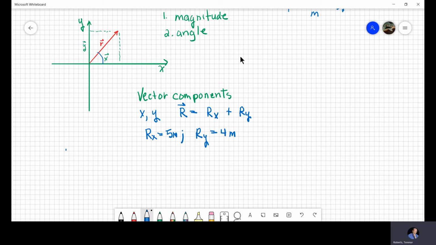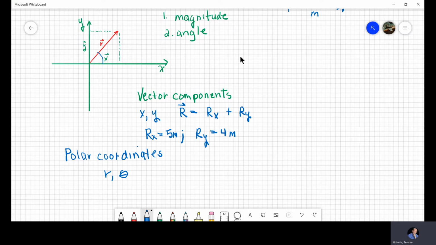So what are the polar coordinates? Now, some of you had this in math. Polar coordinates is where you're given an r and an angle. So we can also describe this vector with an r, or a magnitude, and with an angle.